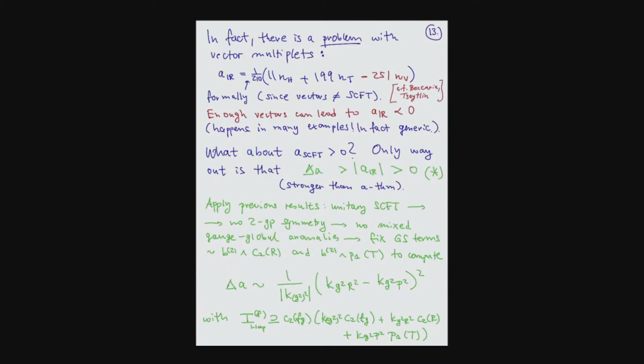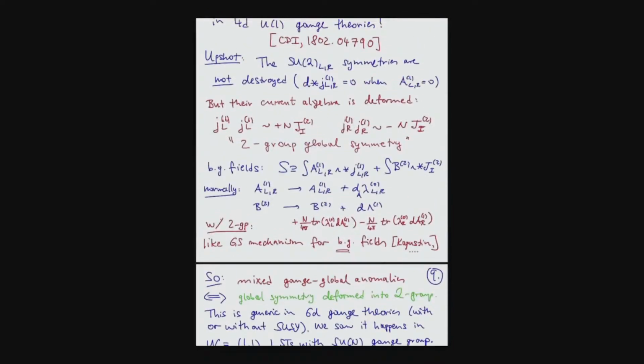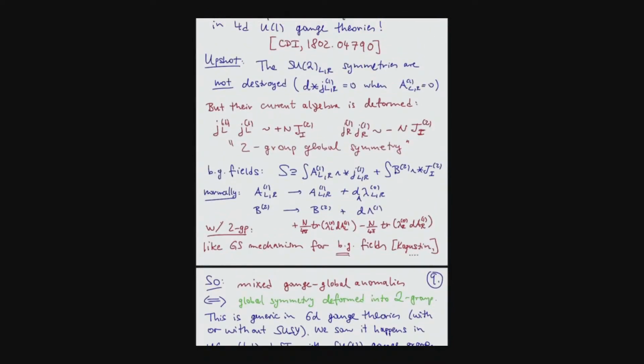There are many ways of asking such a local question, for example, looking at the OPE of the currents, but a different way is to actually turn on a non-trivial B field. When you do that, as is familiar from the string theoretic Green-Schwarz mechanism, because of this transformation rule, it will mix with the A field. So if you allow yourself to study configurations where these fields are turned on, you will see this mixing.